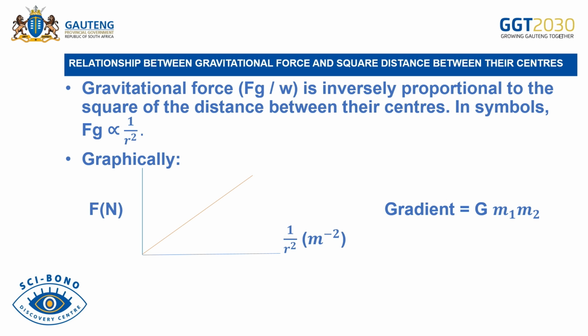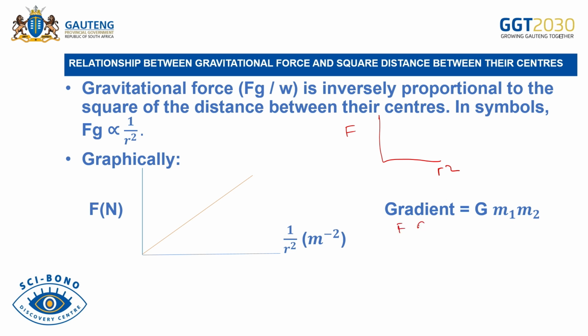Now looking at the relationship between gravitational force and the square of the distance between their centers. What is the relationship between F and R squared? Let's start here.